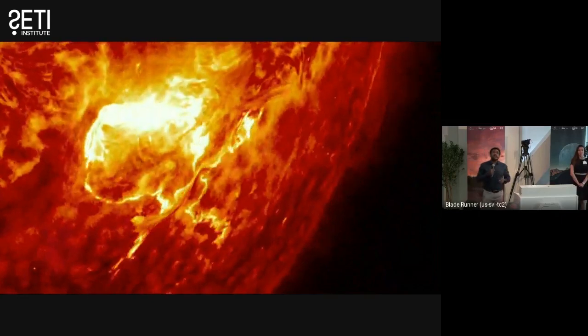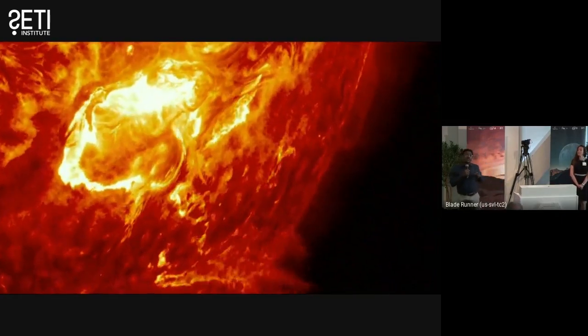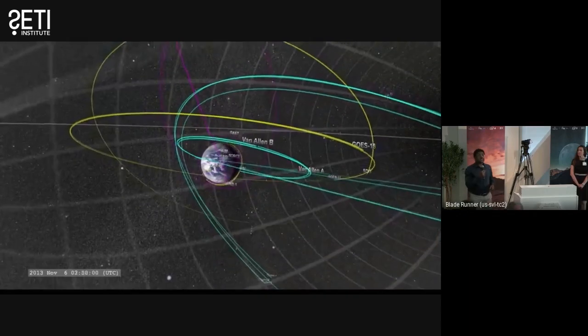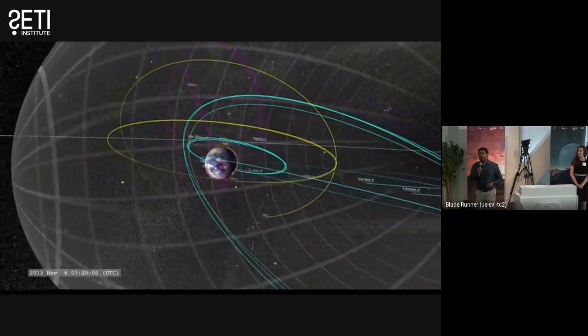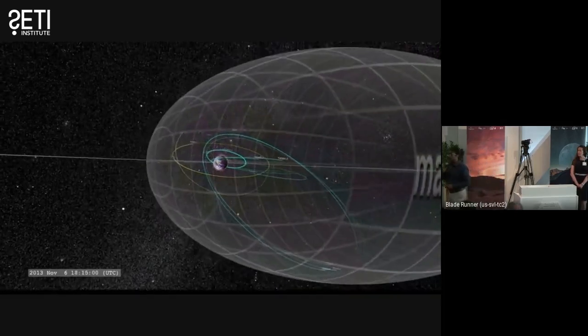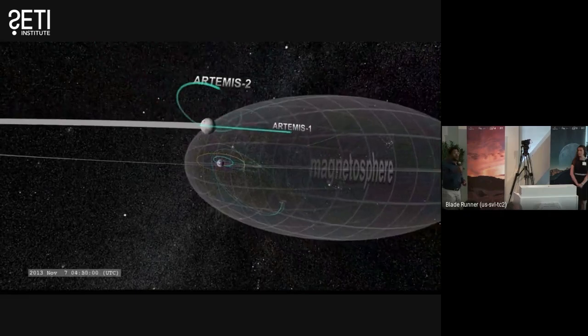Living near a star such as the sun, which is so active, means that we need to explore and understand it better. So, precisely for this purpose, NASA maintains something called the Heliophysics Systems Observatory. That is a fleet of several different missions that constantly monitors the sun and its impact on the Earth.